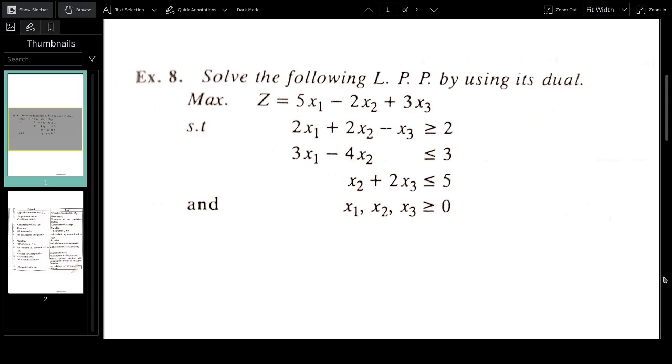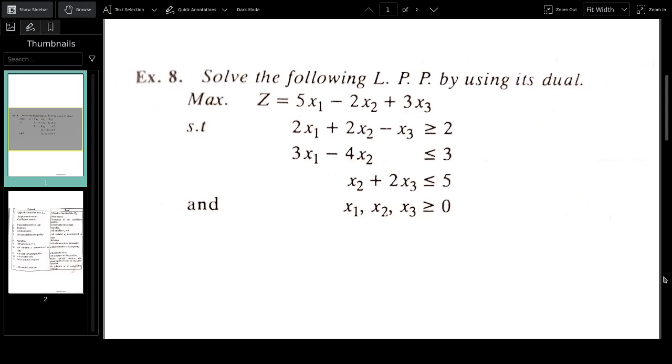Is this the standard primal form or not? Second problem, is it standard primal form or not? Means solve the following LPP by using dual.